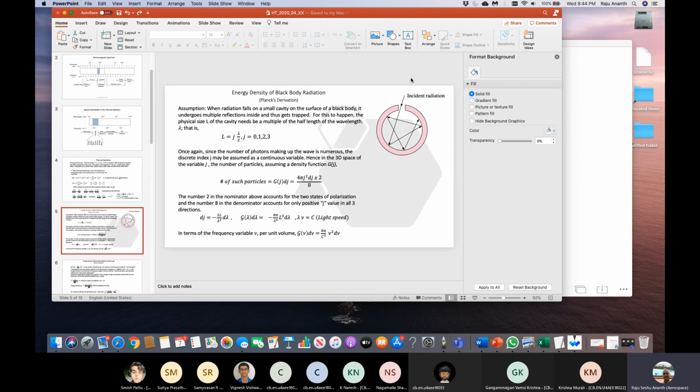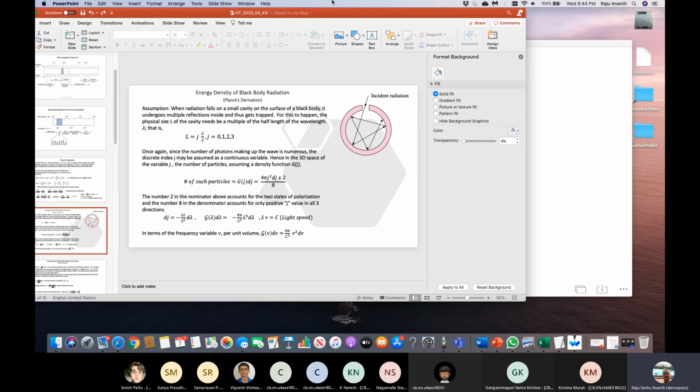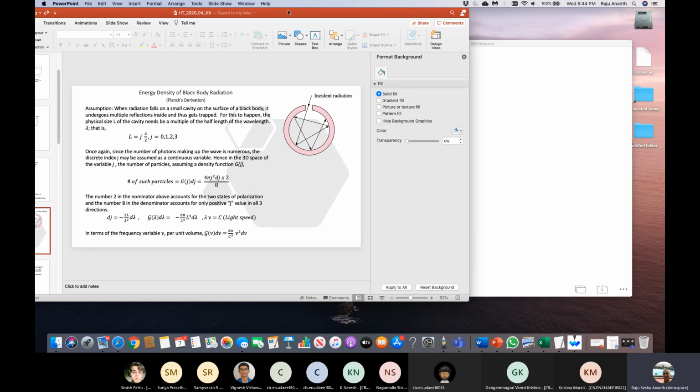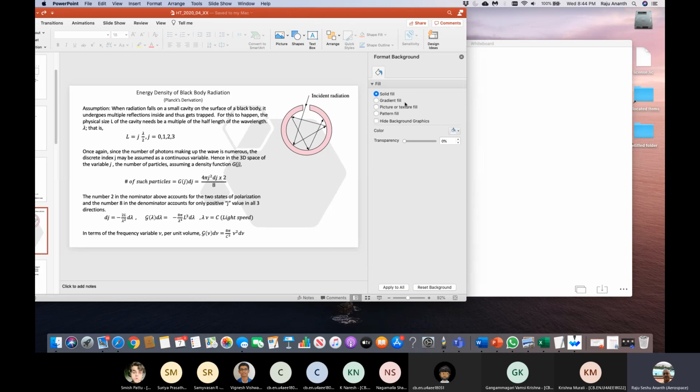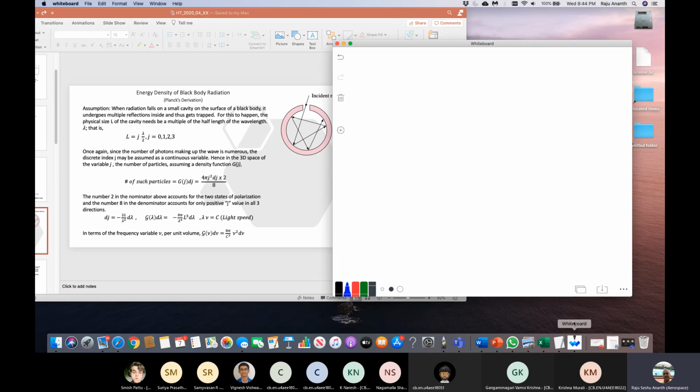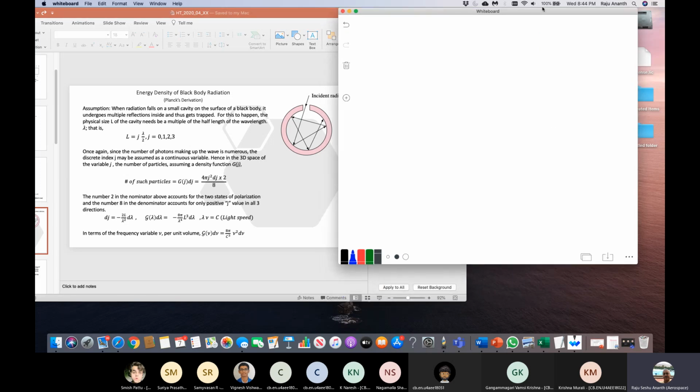So let's just follow that argument to formulate the radiation spectrum, how the energy is distributed. Okay, so that is where this comes in. So what exactly is a black body? A black body is a body where energy gets in and has multiple reflections. It doesn't go out, it gets trapped.